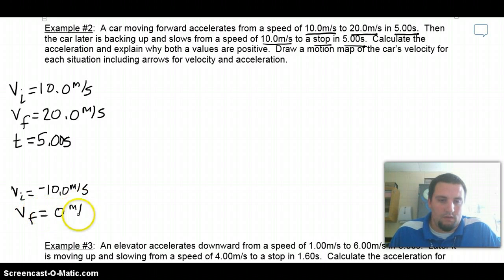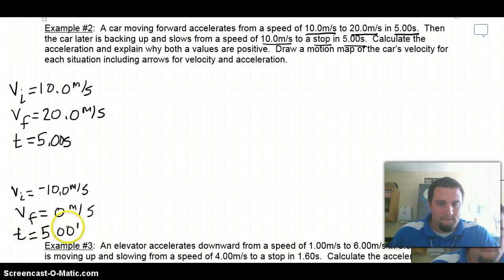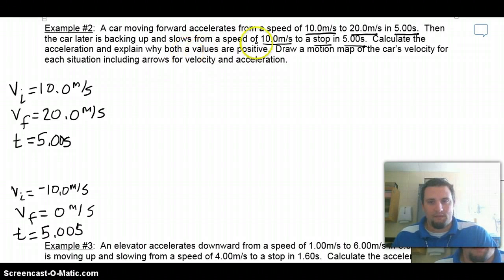So that's 0. It slows to a stop in a time of 5 seconds. Oops, seconds. So we need to calculate the acceleration here and explain why both A values end up being positive.